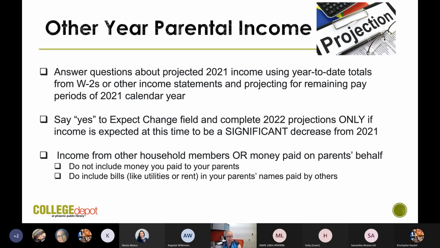But if you're getting disability benefits or any type of partial or total Social Security right now, you are listing that amount here because government benefits do count on the CSS profile. If you are receiving alimony from your ex-spouse, you must list it here, including but not limited to amounts reported on the tax return.